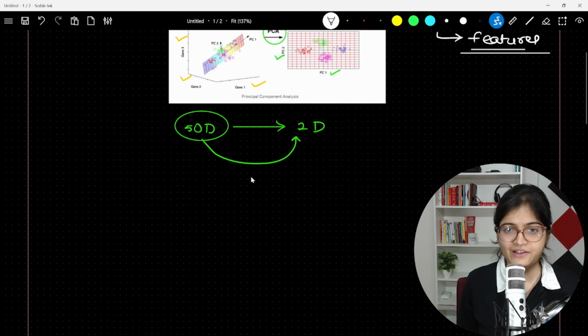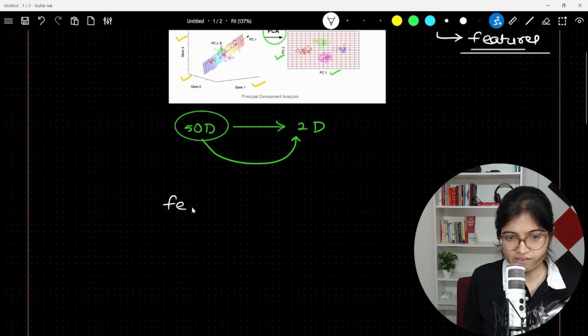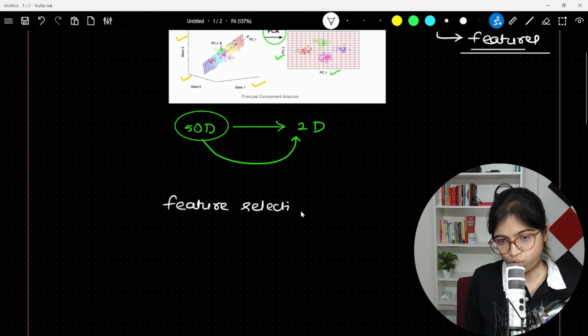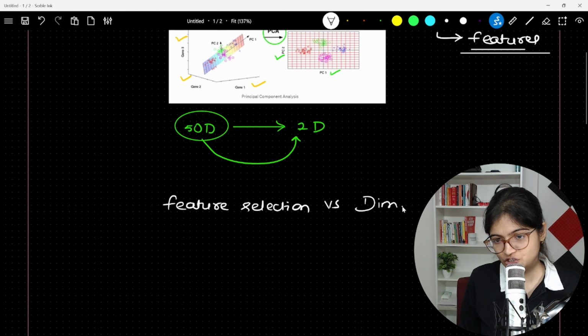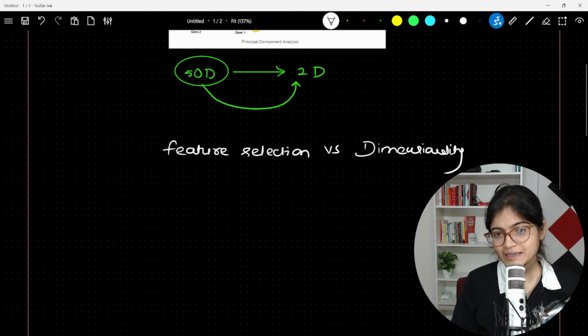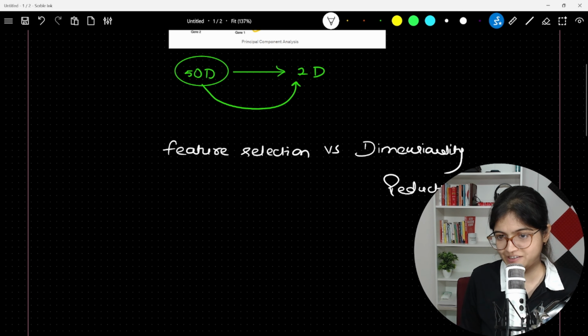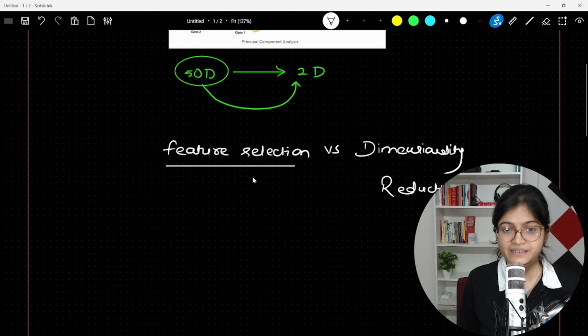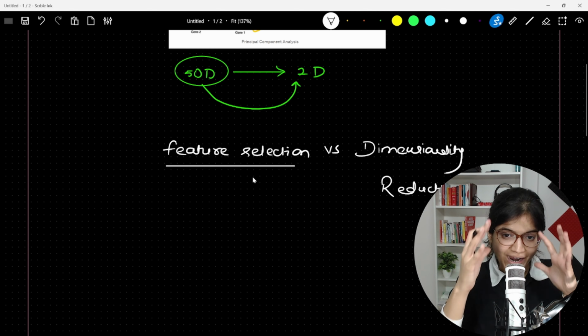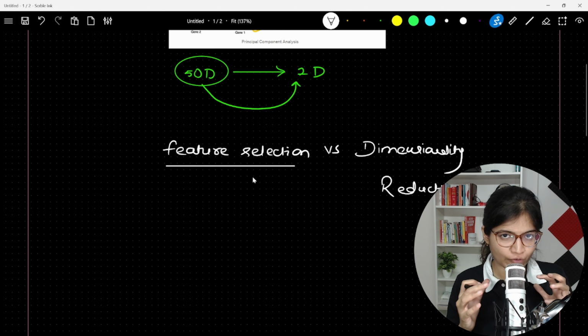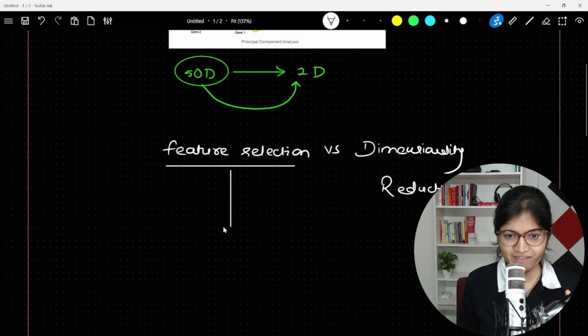So if someone asks you what is the difference between a feature selection technique and a dimensionality reduction technique, I hope you can clearly explain it now after this session. When we are saying feature selection, it means that we are trying to take a subset of the features, right? We will have some original data.